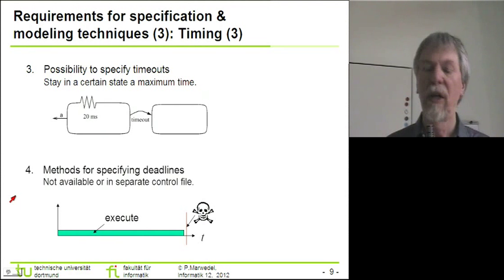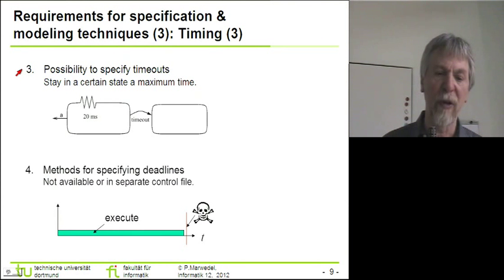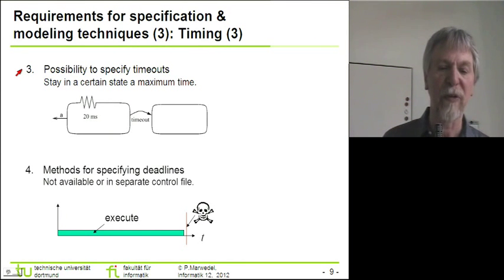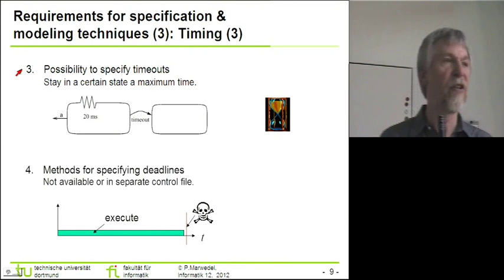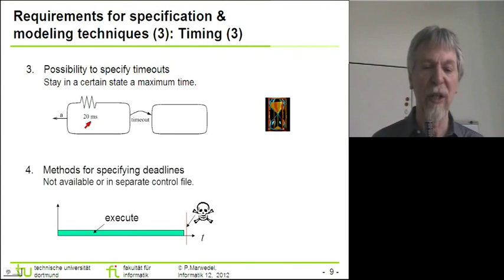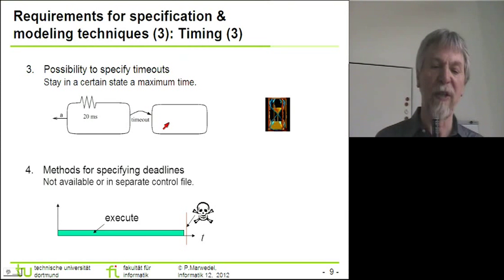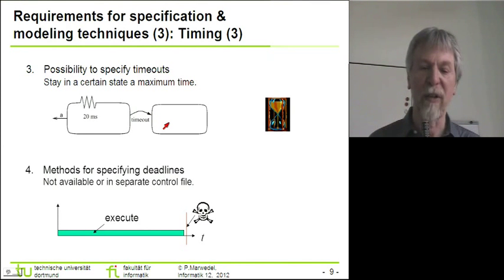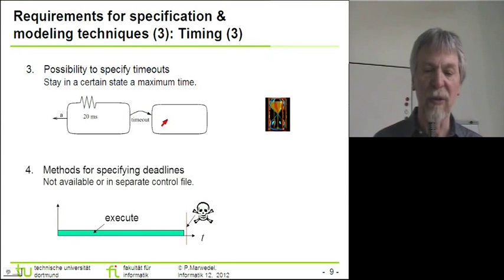And there are 2 more contexts in which we would like to specify timing. The third one is the possibility to specify timeouts. There are situations in which we would like to react if, for example, a certain event did not take place for quite some time. We might be in a state, let's say for 20 milliseconds, and if some event A does not happen in these 20 milliseconds, we would like to have a transition into some other state where we handle the fact that there was no event A in that amount of time.